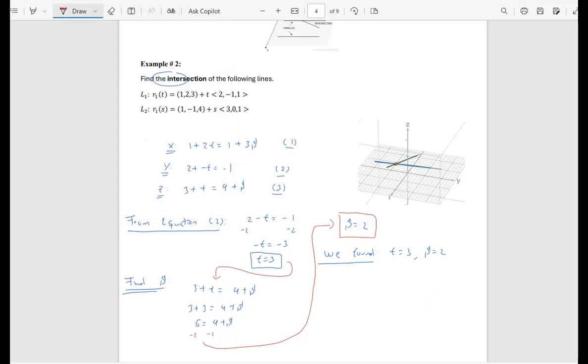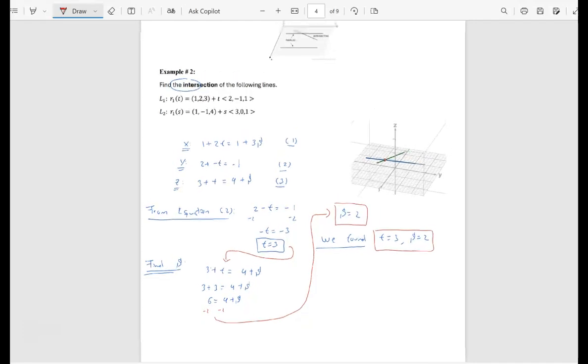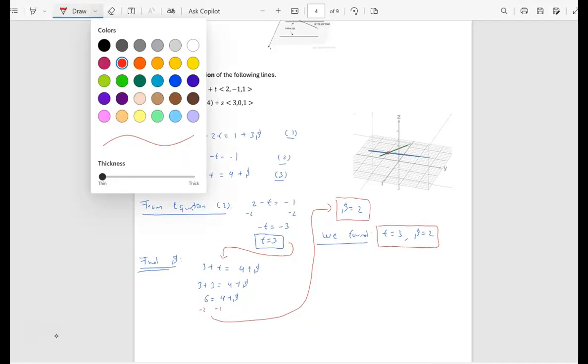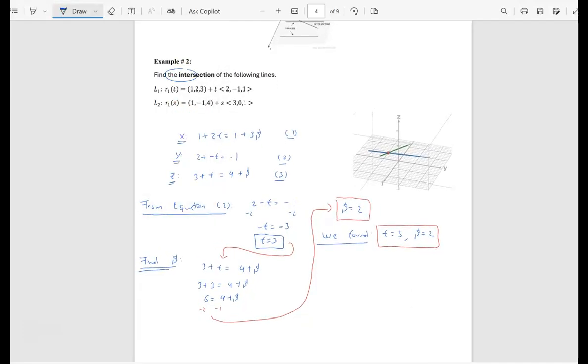And also, because there are multiple cases, you want to check both to make sure that we found the point of intersection. So your x value is going to be 1 plus 2t, or 1 plus 2 times 3. I'm getting 7.